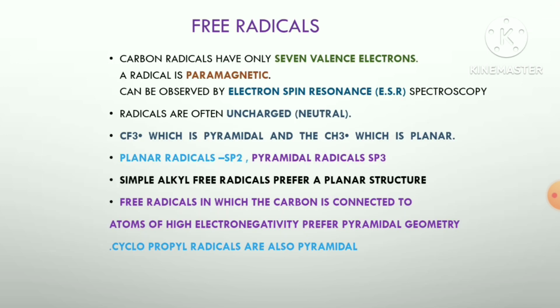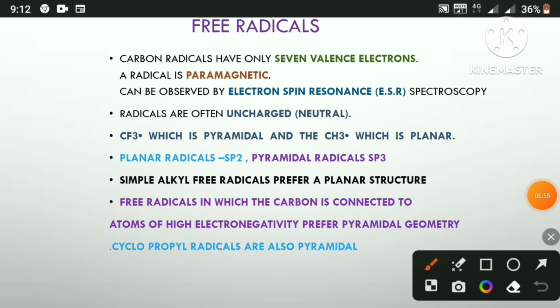So some characteristics of free radicals. Carbon radicals have 7 valence electrons, 3 bond pairs, 1 unpaired electron. Radicals are paramagnetic because of the presence of an unpaired electron. So all the radicals are paramagnetic in nature.